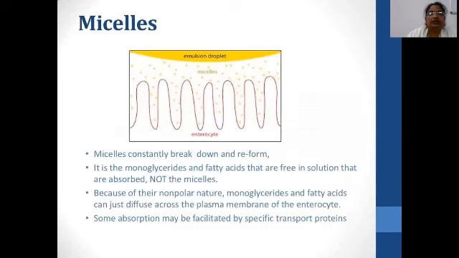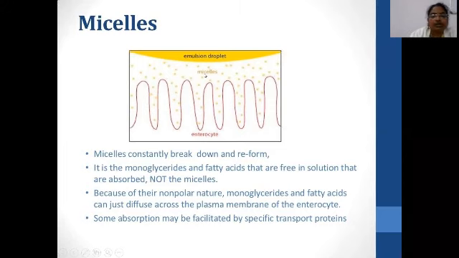The micelles, you can see in this picture, it is an intestinal cell or the enterocyte. All these are the villi which are thrown into manifolds. And here you can see the emulsion droplet, that is nothing but micelles. All these small ones are micelles.